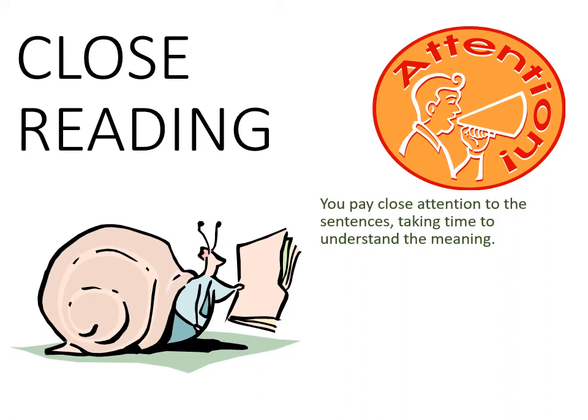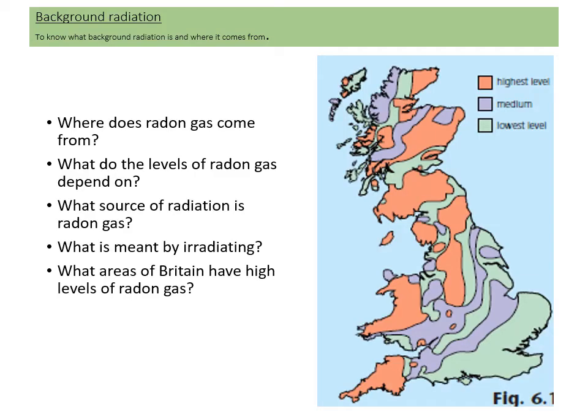Now, we're going to do some close reading, some careful reading with some questions to answer. So we'll ask the questions at the beginning, you look out for the answers, fill them in, off we go. These are the questions. Again, there is a map there for us to look at as we're doing this. Where does radon gas come from?